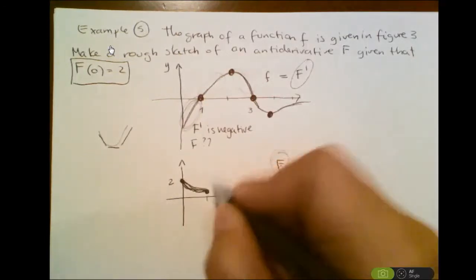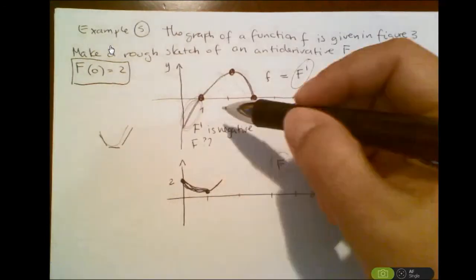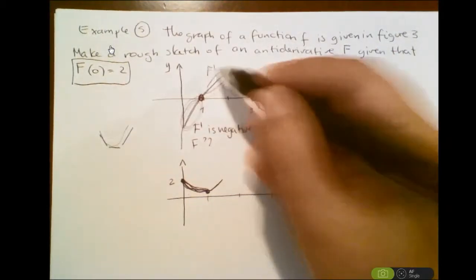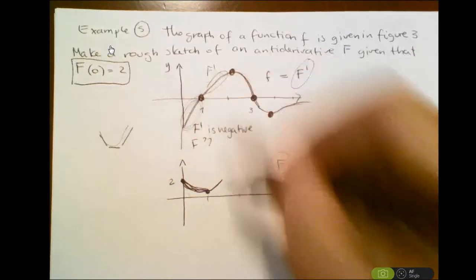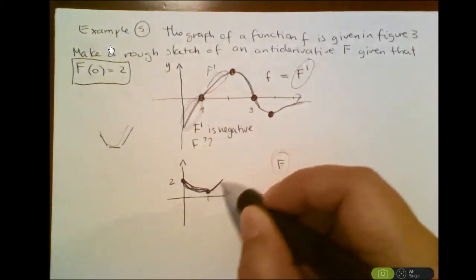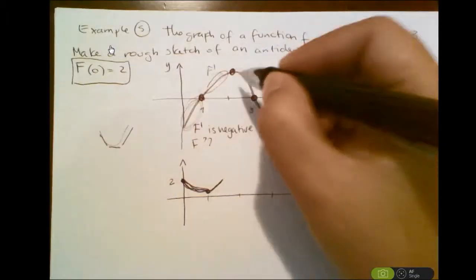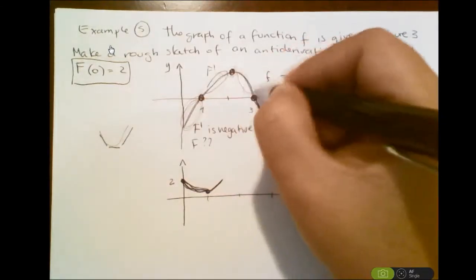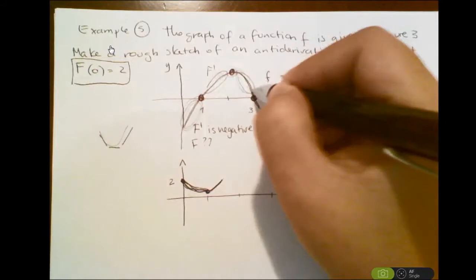I mean, it could be right here. So in here, capital F prime is positive, so that's why the function increases, and then it's going to reach a maximum and it's still going to be positive, but it's going to be decreasing.